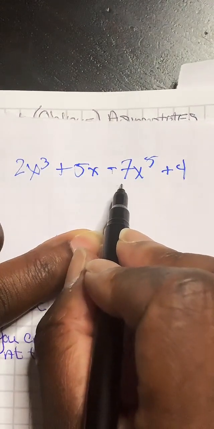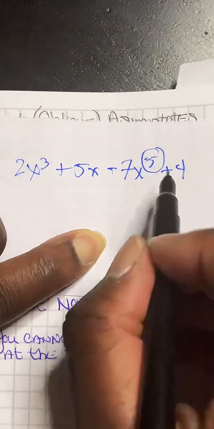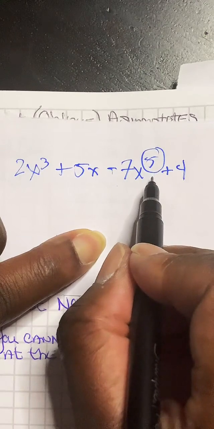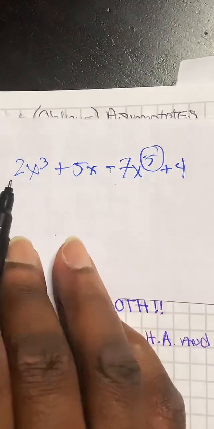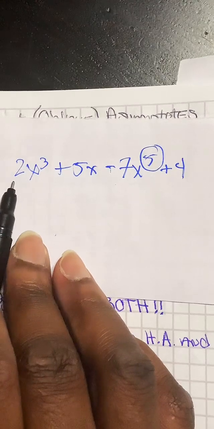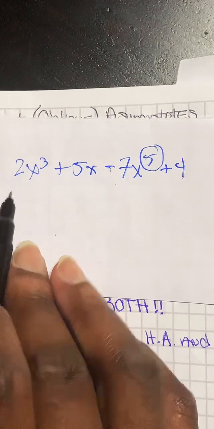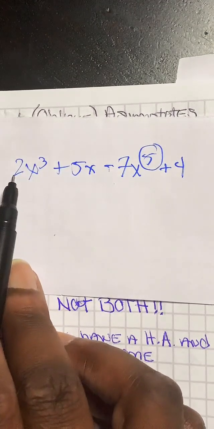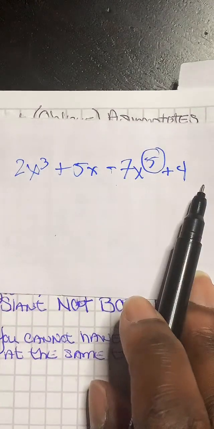And the reason why, it has the highest exponent, aka the degree. Everyone says leading coefficient, they want to say it's the first number of the polynomial. Not necessarily. Sometimes the leading coefficient is going to be in the middle or at the end.